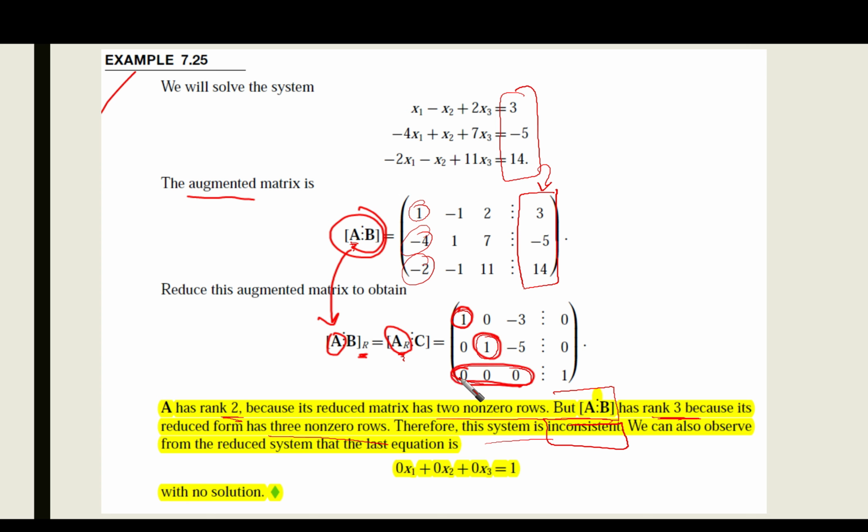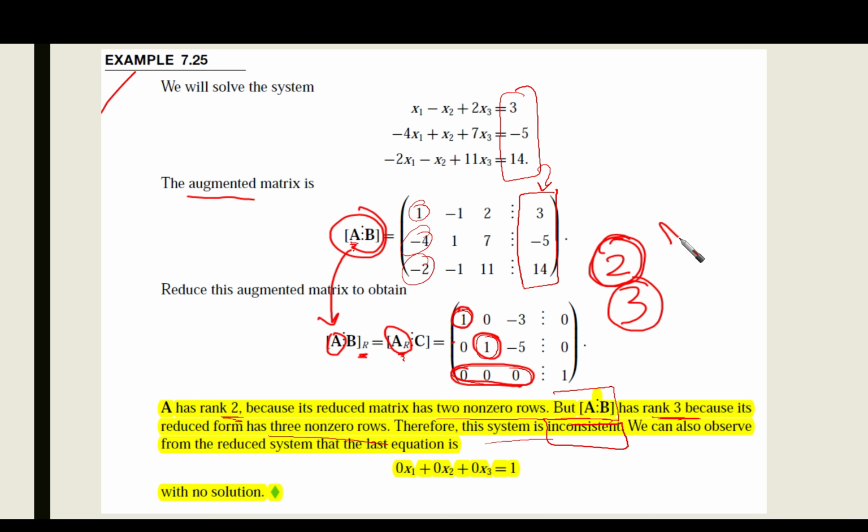Yes, zeros for the reduced A. However, when we reduce the original augmented matrix, we found that the last column has 0, 0, 1. This means the rank of A is 2. However, the rank of the augmented matrix is how much? 3. So they are not the same.